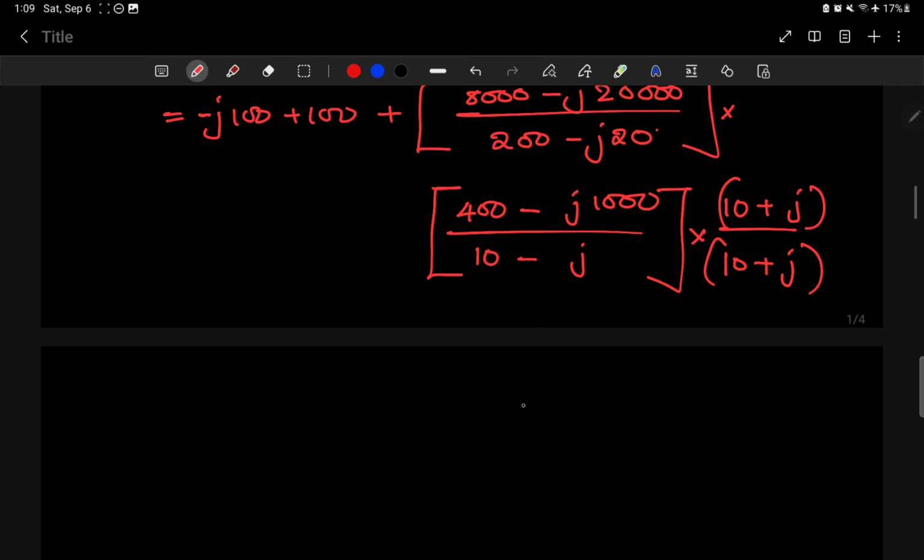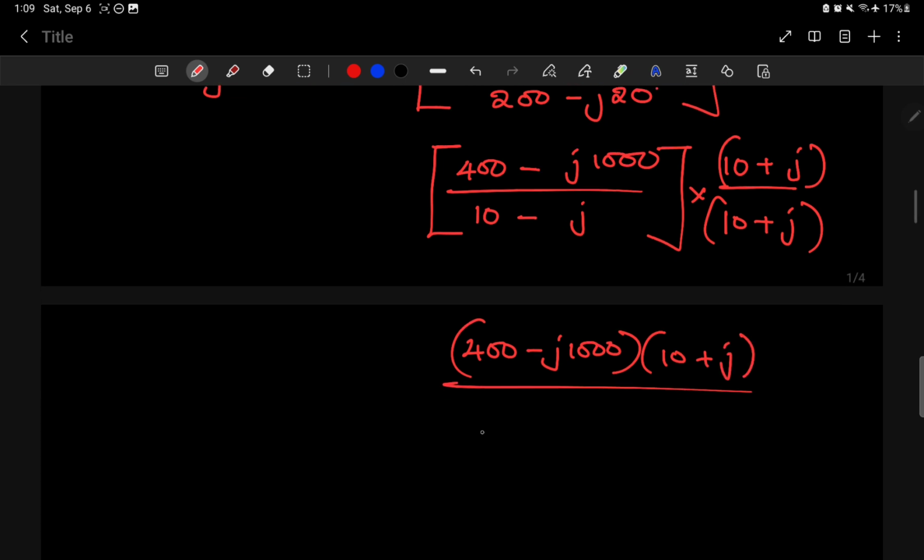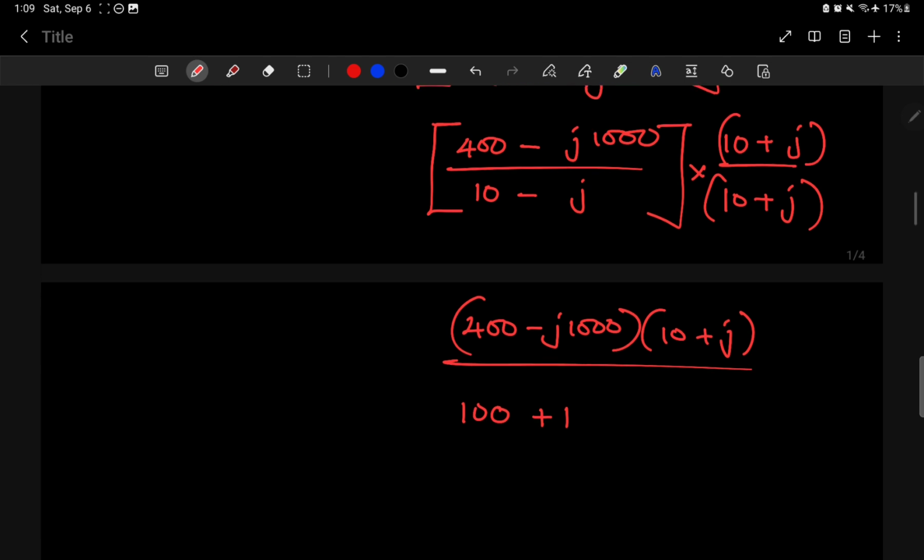Since in the denominator we'll have a difference of 2 squares, it will just be the first term squared, which is 10 squared, that will be 100, minus the second term squared, so minus j squared. j squared is minus 1, giving us a plus 1 here, so 101.